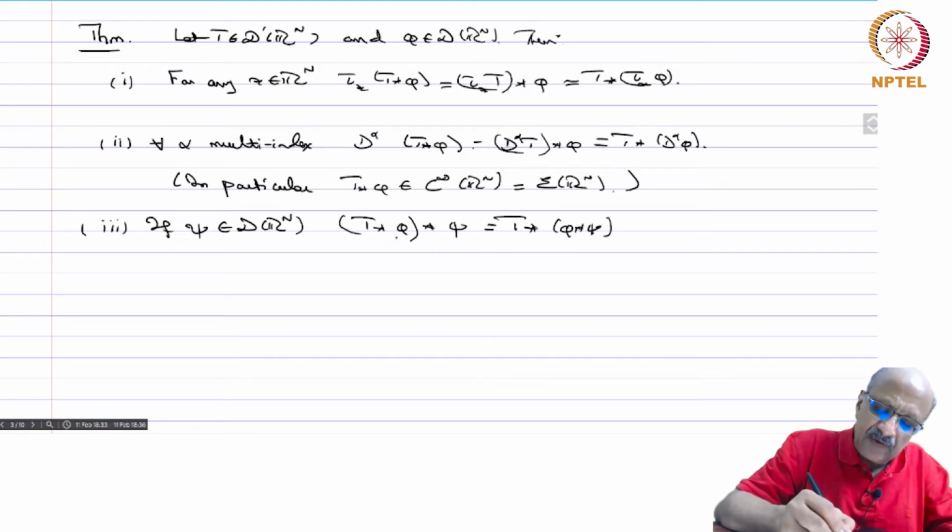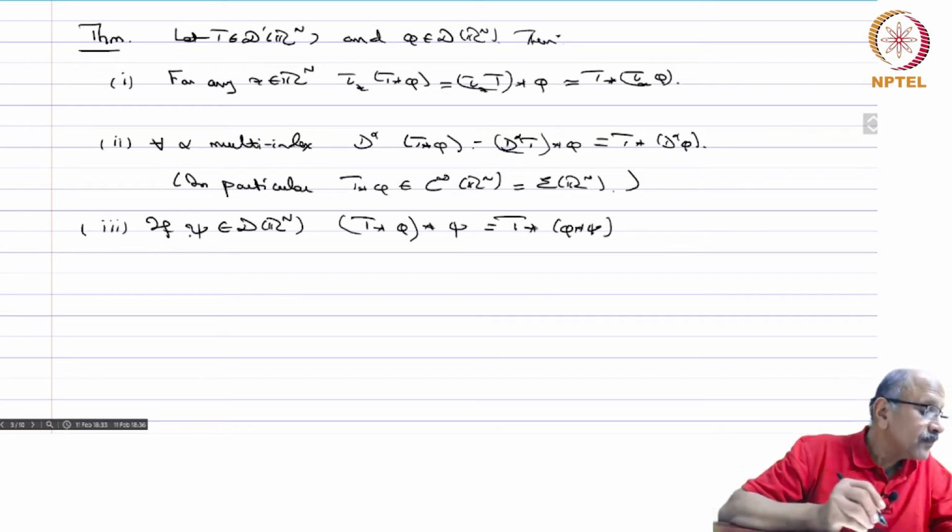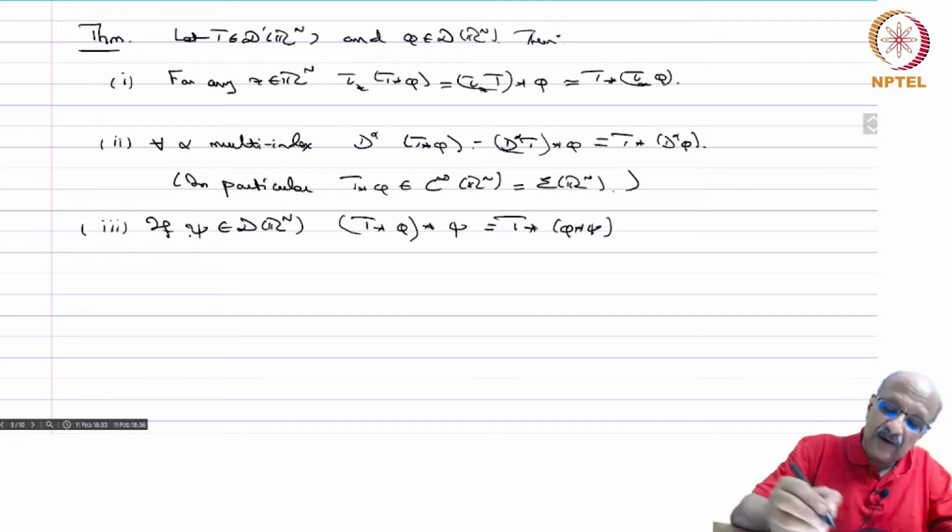T star phi is a C infinity function, psi is a C infinity function with compact support, so you can of course define the convolution of these two. Here phi and psi are both C infinity functions with compact support, therefore the convolution is also a C infinity function with compact support, and therefore I can convolve it with a distribution, that is well defined by what we have seen. Okay, and this shows some kind of associative law.